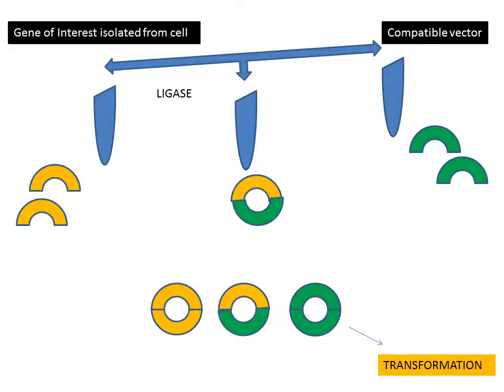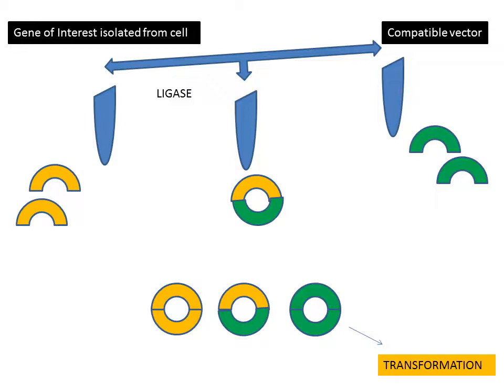Then again you will add restriction endonuclease to it, again in the liquid state. Now when we use a restriction endonuclease, it will cleave the phosphodiester bond, and as we have made diagrams, the fragments have been produced due to the breaking of the phosphodiester bond.